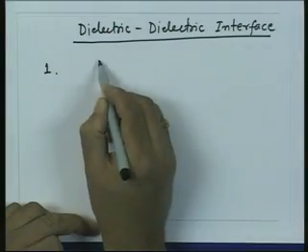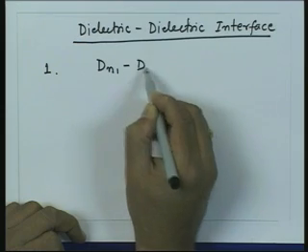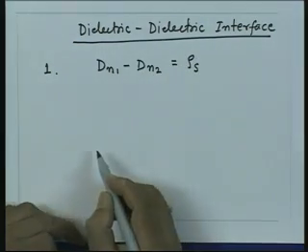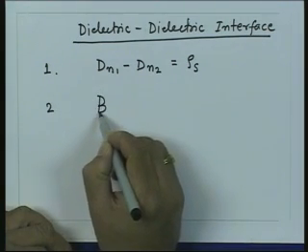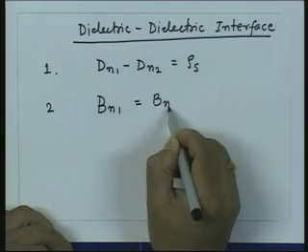The first boundary condition as we got is D n1 minus D n2, that was equal to the surface charge density. Condition 2 was B n1 is equal to B n2.